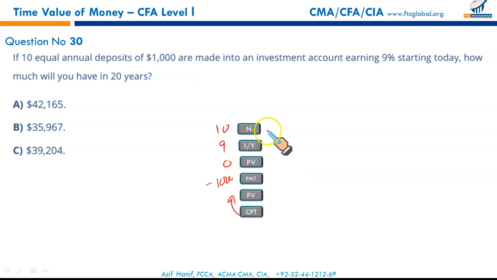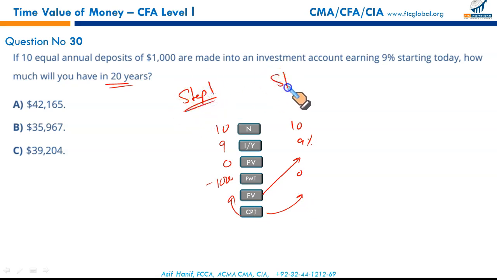Once we calculate it, the next step is to invest it again for the next 10 periods, because we have to reach the end of the 20th year. Interest rate is 9%. Whatever future value comes will become the present value, with no payments, and then you will calculate the future amount. Let me show you how it will work. A good question, apparently a one-liner, but it has a lot of twists.